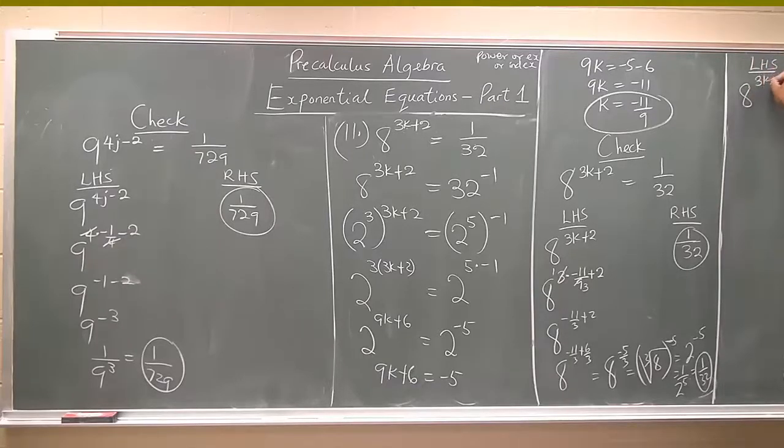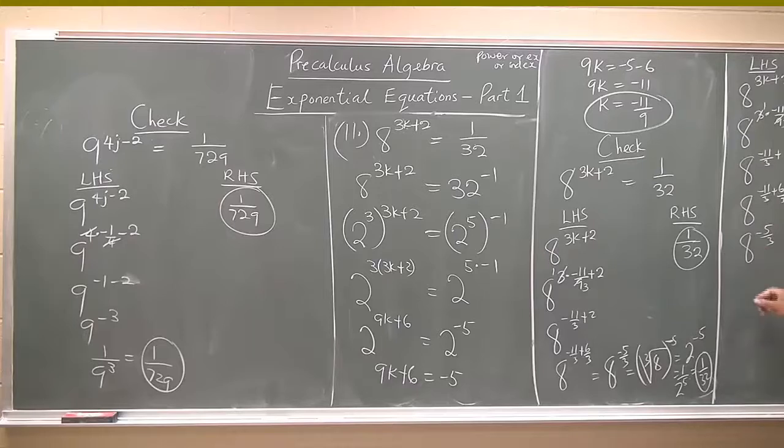8 exponent 3k plus 2, which is 8 exponent 3 times negative 11 over 9 plus 2, which is 8 exponent, 3 into 3 is 1, 3 into 9 is 3. So 1 times negative 11 is negative 11 over 3 plus 2, which is 8 exponent negative 11 over 3 plus 6 over 3, which is 8 exponent negative 5 over 3.